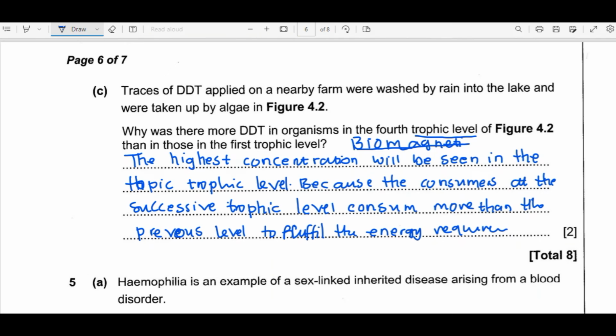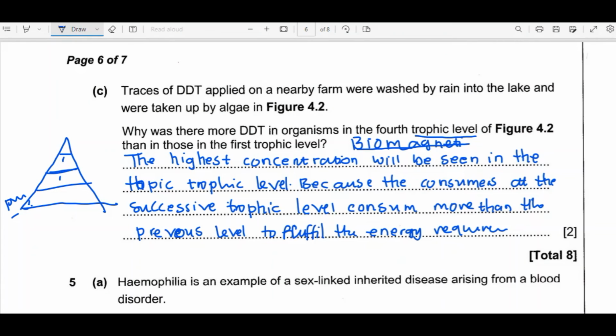So as this pyramid is moving up, the amount of these chemicals that is consumed by the producer will be much lower than the one on top here. So the one on top will consume more.